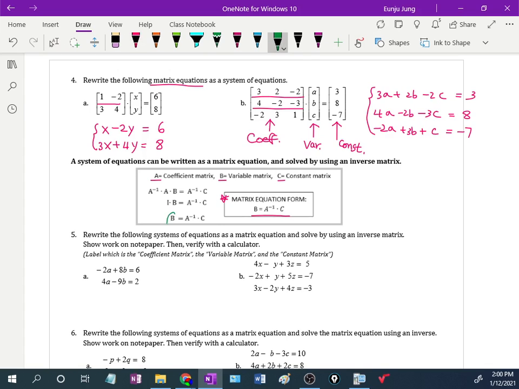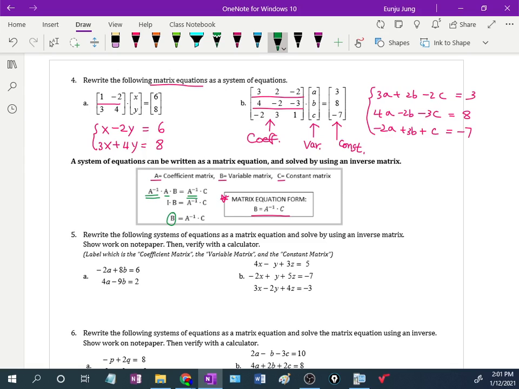To find B only, I need to take its inverse next to A. And if I multiply its inverse on the left-hand side, I do the same thing on the other side. Order is very important in matrices because the commutative property does not work if we are dealing with non-identity matrices. So I put A inverse in front of everything on the left-hand side and the right-hand side.